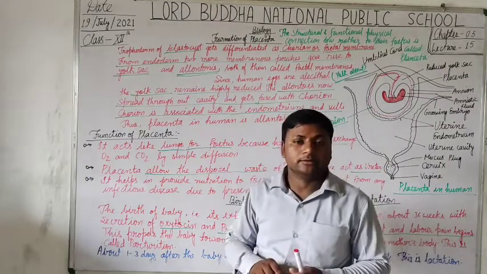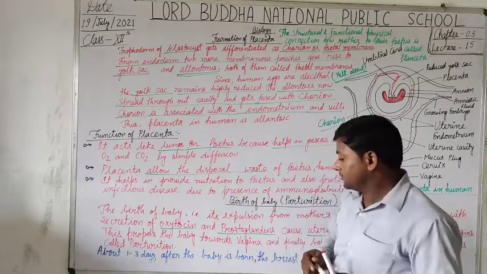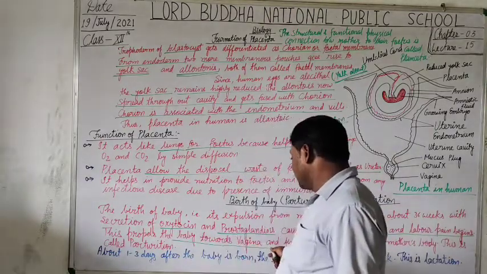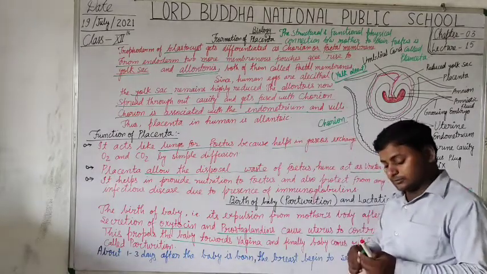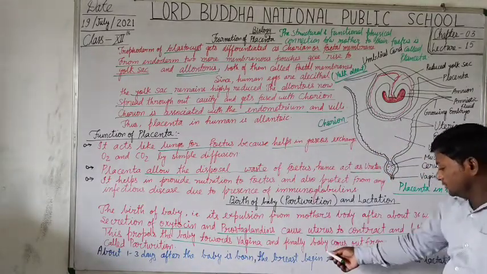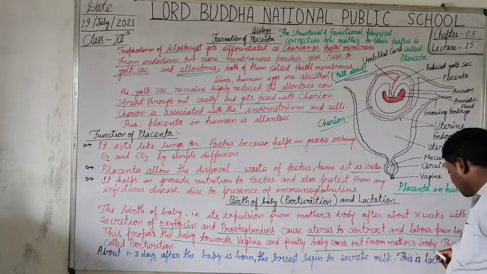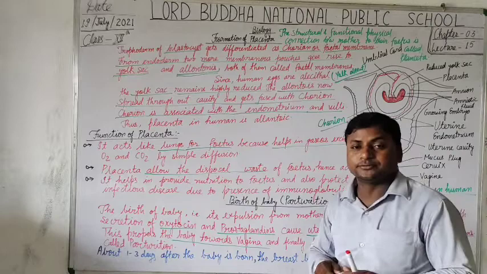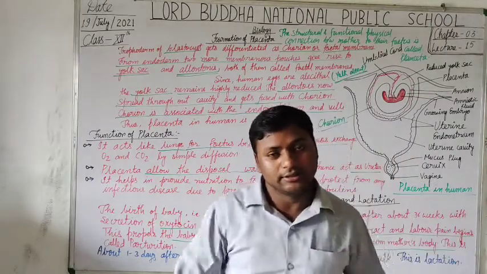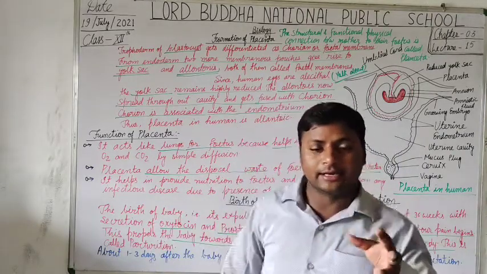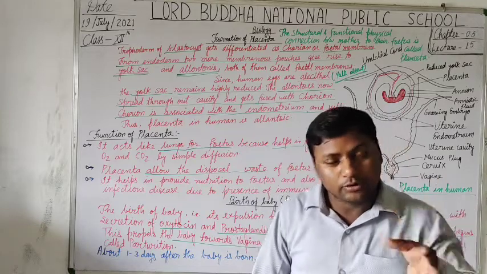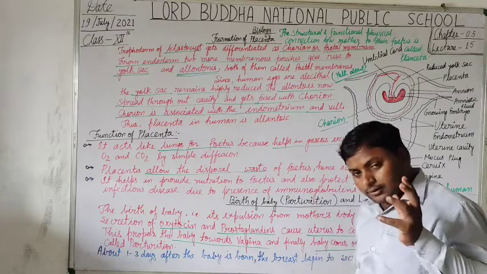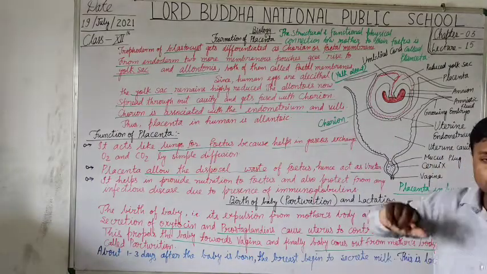This labor pain propels the baby towards the vagina, and finally the baby comes out from the mother's body. This is called parturition. Is that clear? In simple terms, the birth of the baby from the mother is known as parturition.